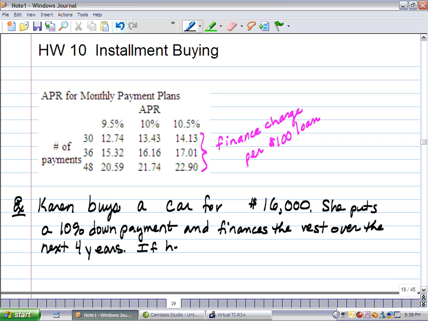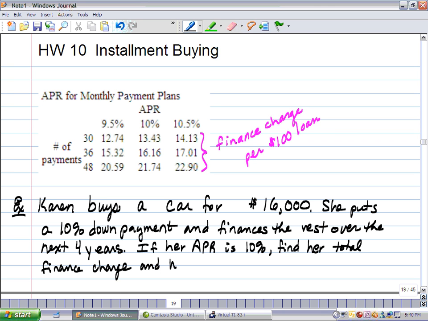If her interest rate, APR, is 10%, find her total finance charge and her monthly payment.